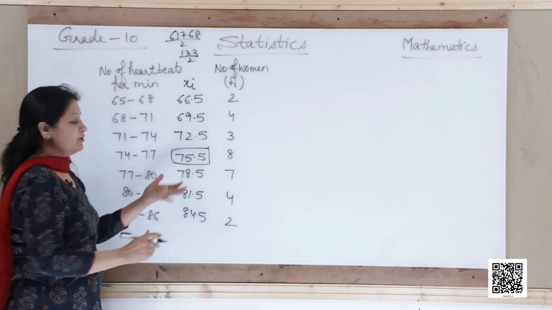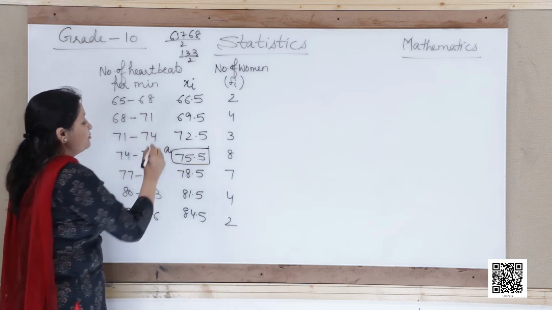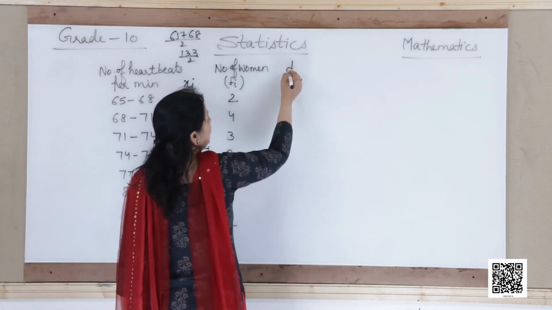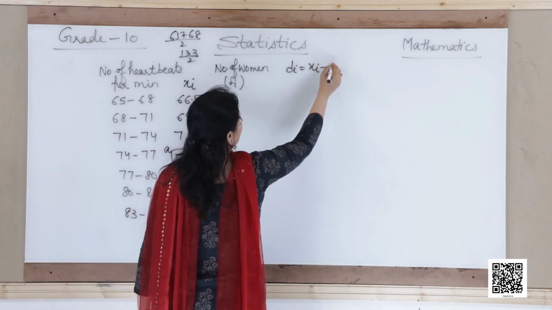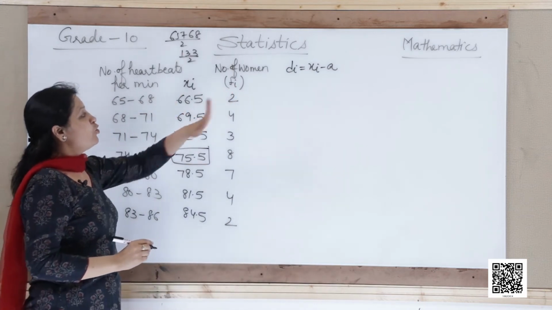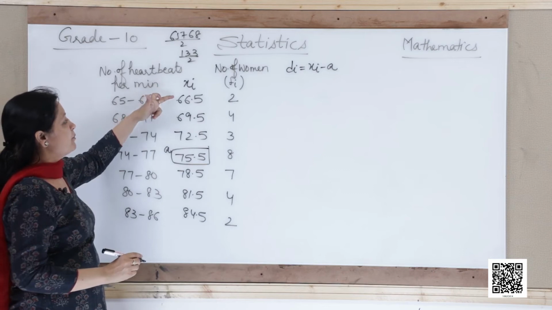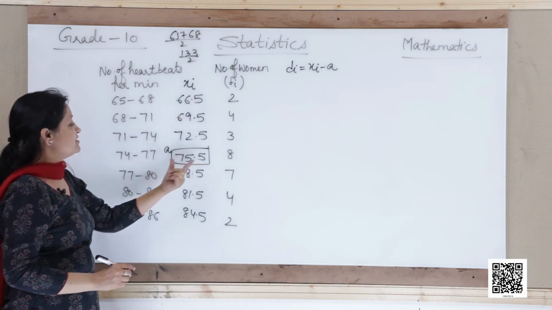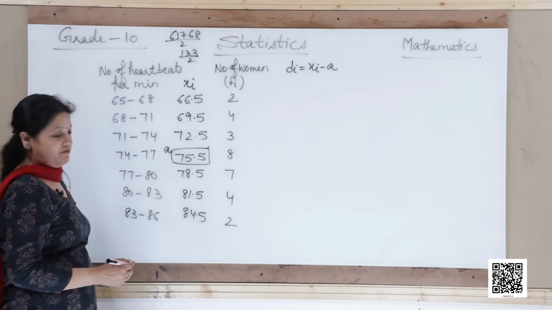So the middle term is this. Suppose your middle term as a or assumed mean. Now di, that is xi minus a. That means subtract the assumed mean from every number of xi. 66.5 minus 75.5.